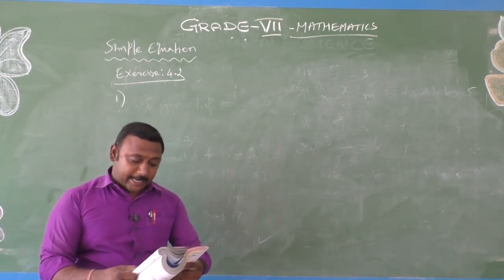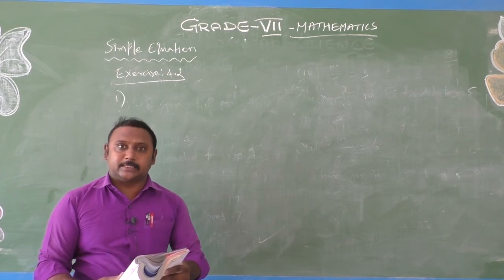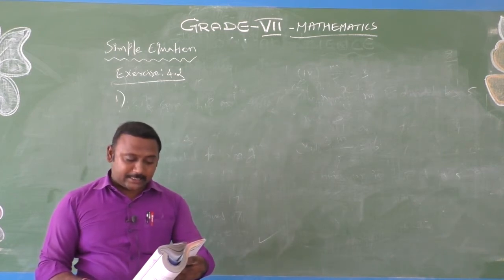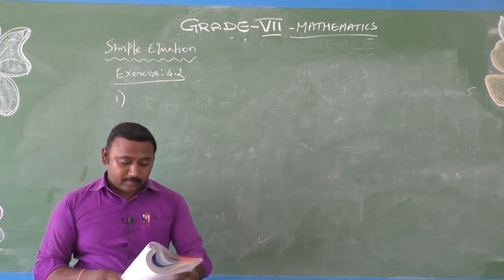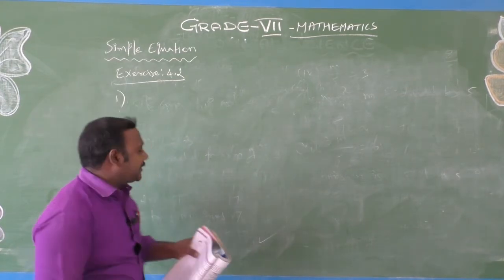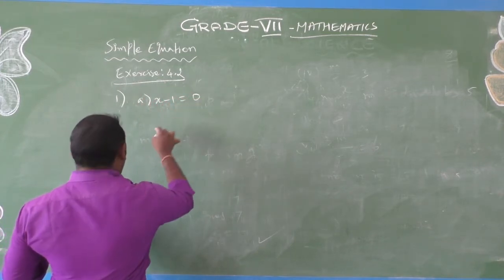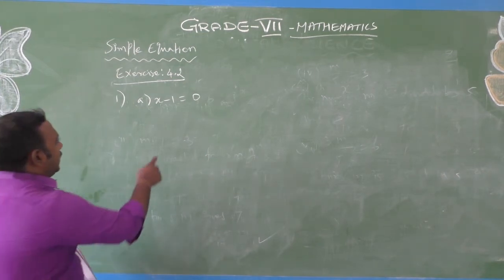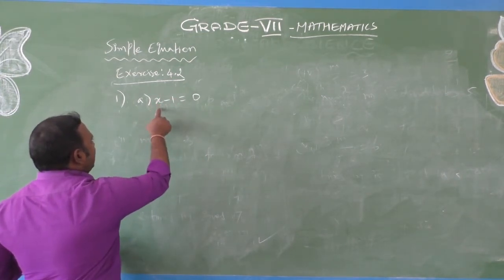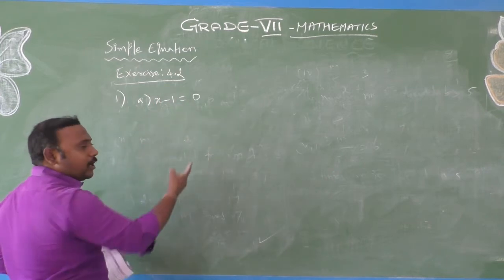Give first the step you will use to separate the variable and solve the equations. The question is, give first the step you will use to separate the variable and solve the equations. So first one is x minus 1 is equal to 0. Here we have to find the value of x.